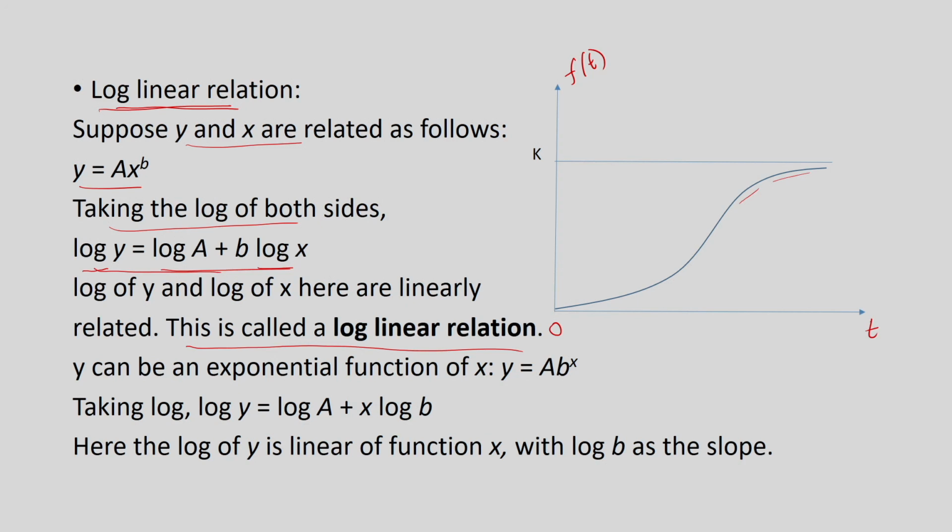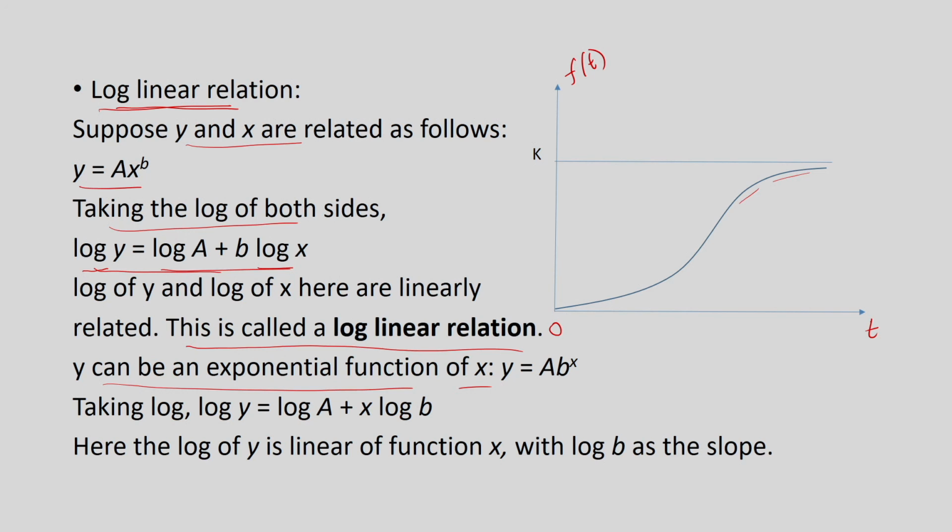Now, we take y to be an exponential function of x. So, y is equal to A multiplied by b to the power x. Now, if I take the log like before of both sides, then I get log of y is equal to log of A plus x multiplied by log of b.